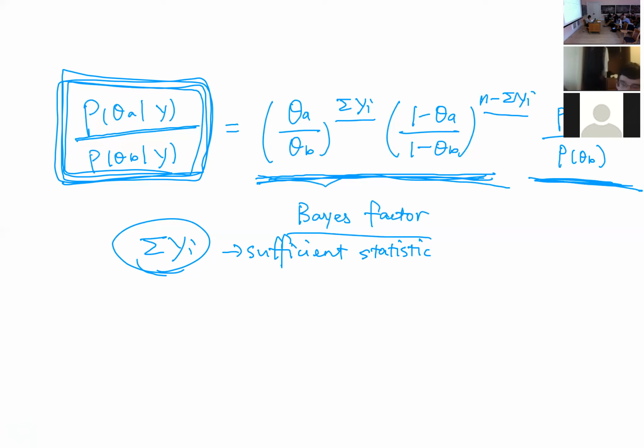You derive it and you realize it's the contribution from the ratio of the prior and the contribution from the ratio of the data. In particular, the data is in the form of the sum of yi, which is not surprising because for the binomial model, the sum of the yi, the number of successes, is pretty much the only thing that matters, okay?